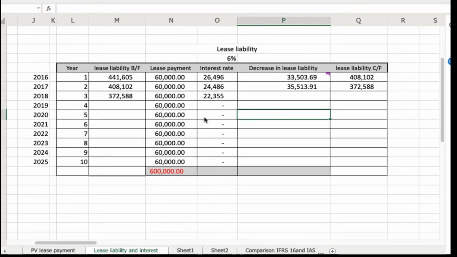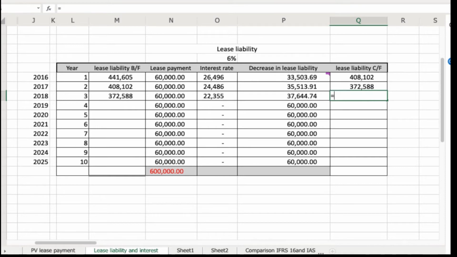So we will drag it down, and it will be filled out automatically. And this is always the lease payment minus interest rate, and then drag down.